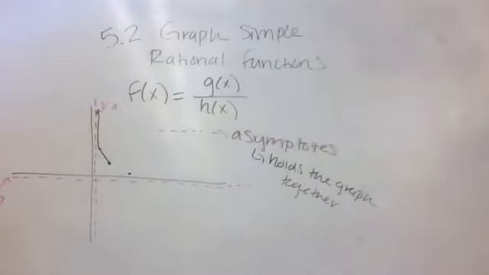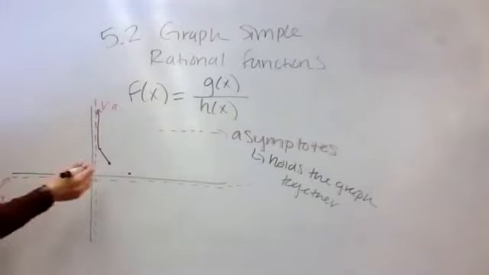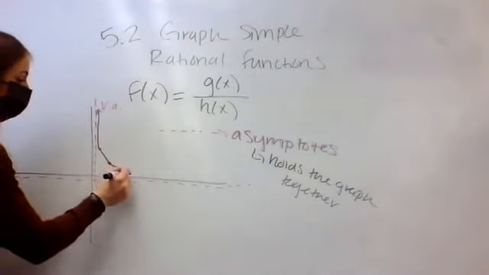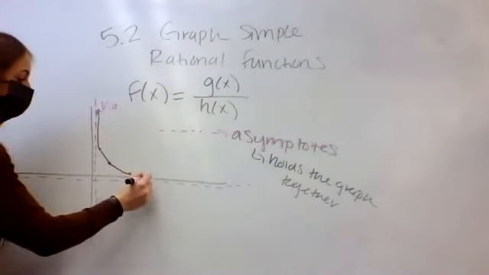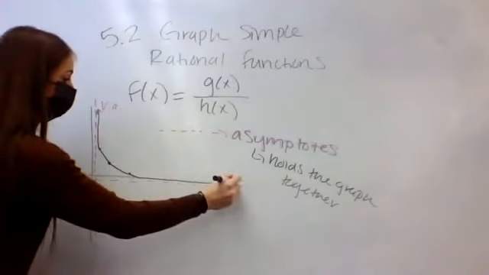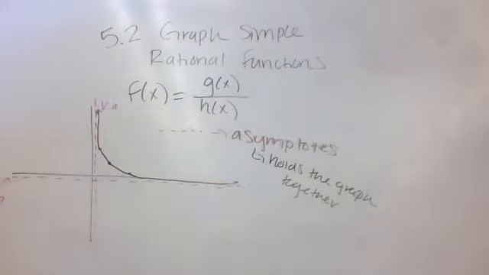Asymptotes are like little jail bars. You can't cross them, but you can get super close to them. Then we keep going through to this point, and I can get very close to that asymptote, but I can't touch or cross it.